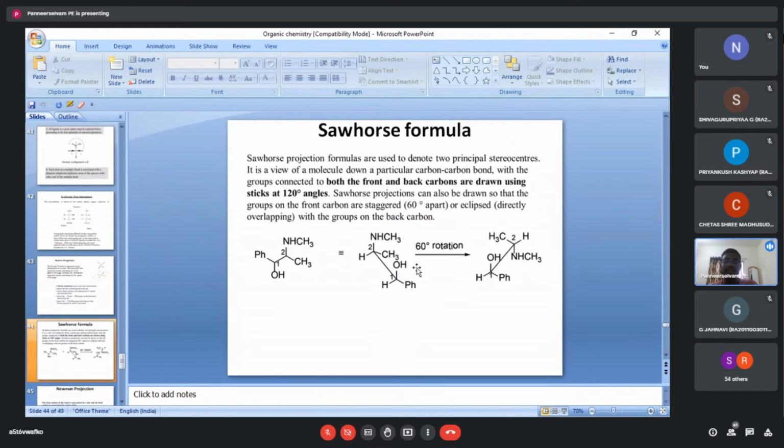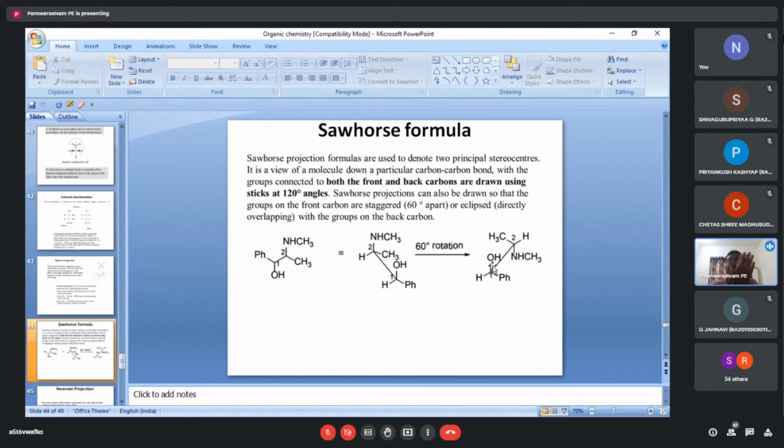Eclipsed means directly overlapping. This is the staggered configuration, with the front carbon and rear carbon, where the 120-degree groups on the backside carbon are visible. Eclipsed carbon means both overlap, and we can't see the backside carbon.